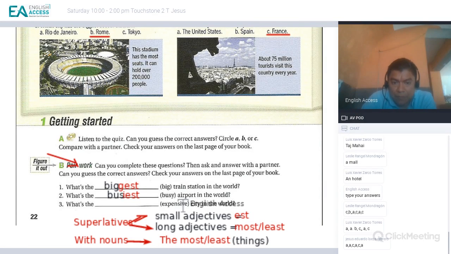Like that. So on expensive, the adjective expensive, it's a long adjective. And that is why with a long adjective, as you can see here, we don't use est. We use most or least. So we can say most and then the adjective expensive. Yes, but remember, we can also say the least.